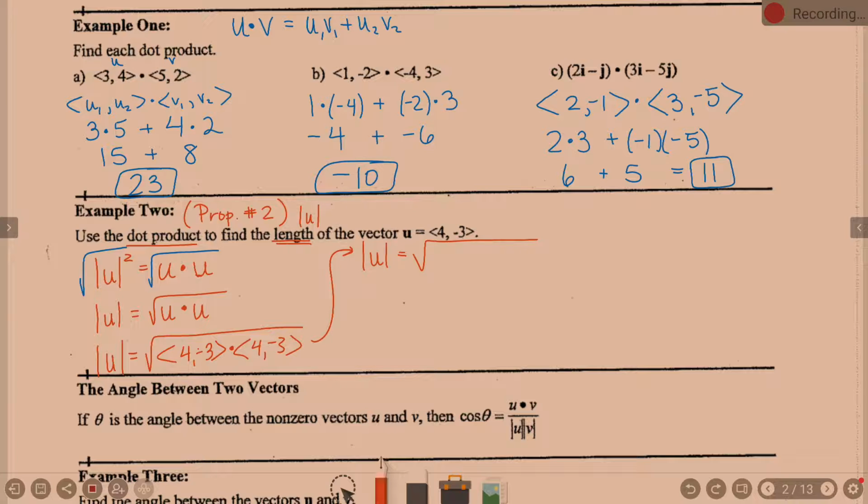What am I multiplying here? First times first, plus second times second.